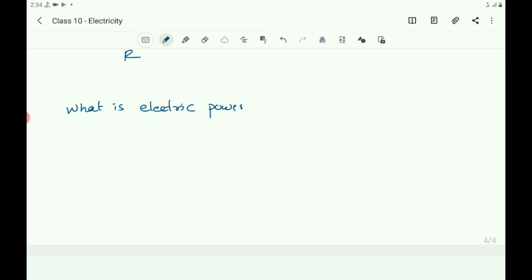What is electric energy? Electric energy is the total work done in maintaining an electric current in an electric circuit for a given time.